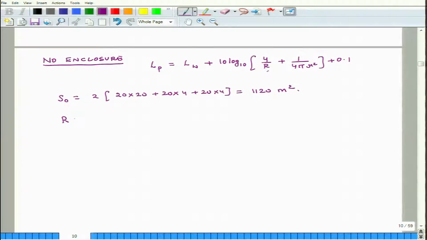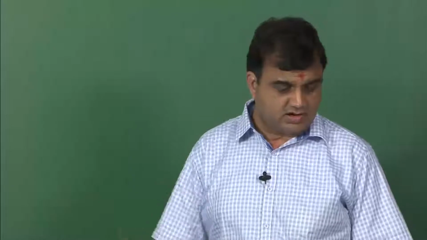So, now I can compute the room constant, and room constant is alpha bar S naught divided by 1 minus alpha bar. Now, we know that alpha bar changes with frequency. So, what I will do is I will just do the calculation for 500 hertz, but you can use a similar method to compute the entire table.